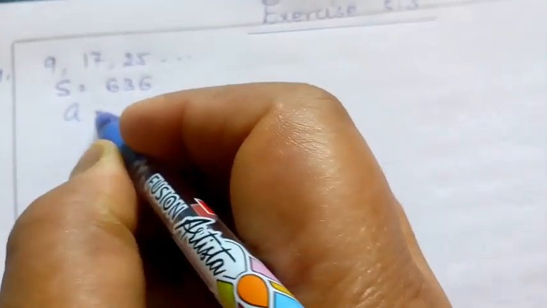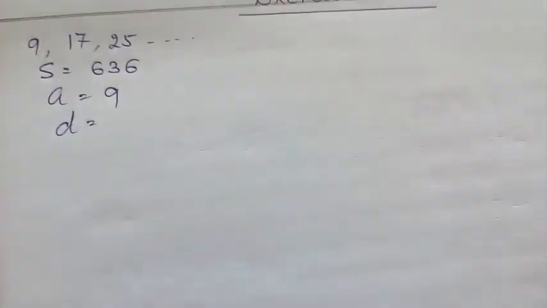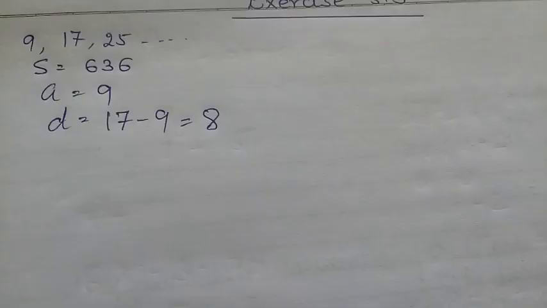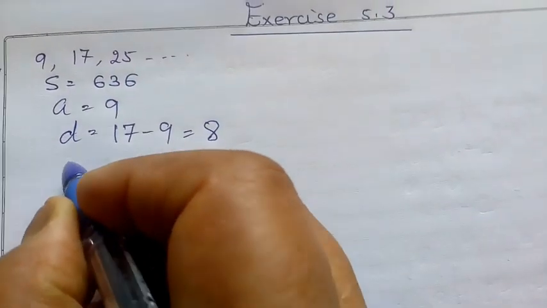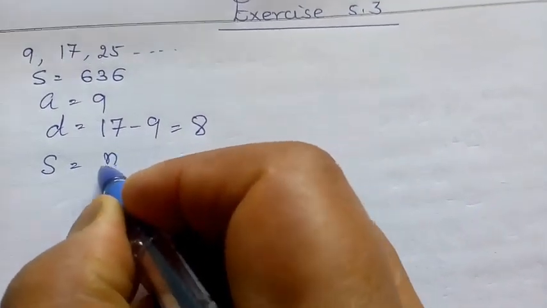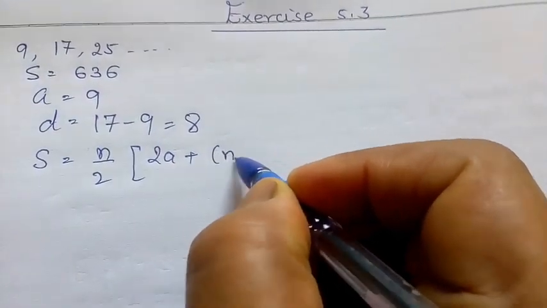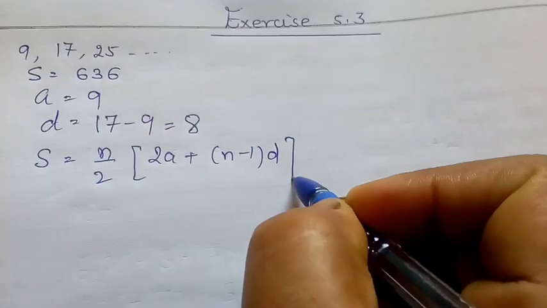Here a equal to 9 and d equal to 17 minus 9 equal to 8. The formula of sum is Sn equal to n by 2 into (2a plus (n minus 1) into d).